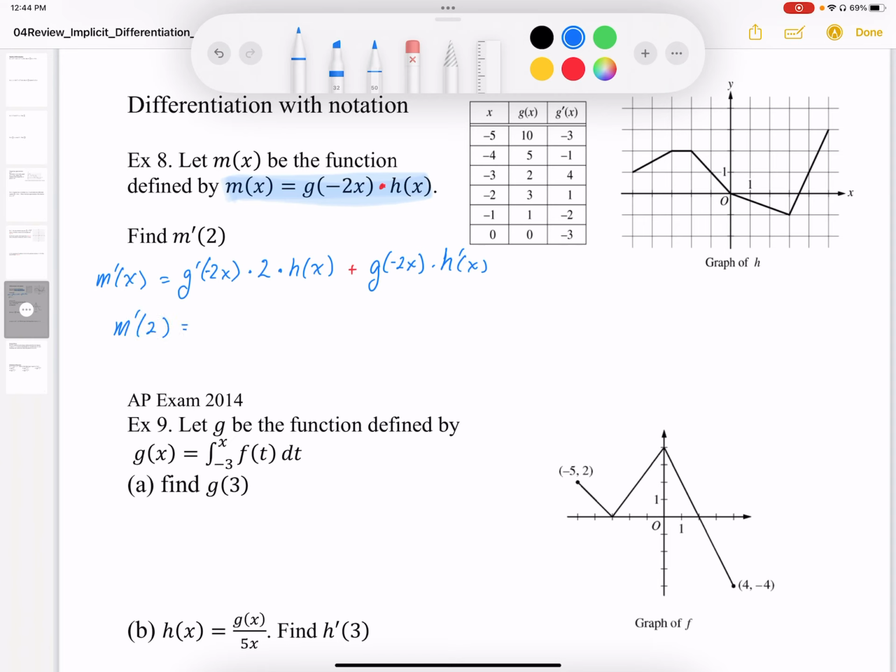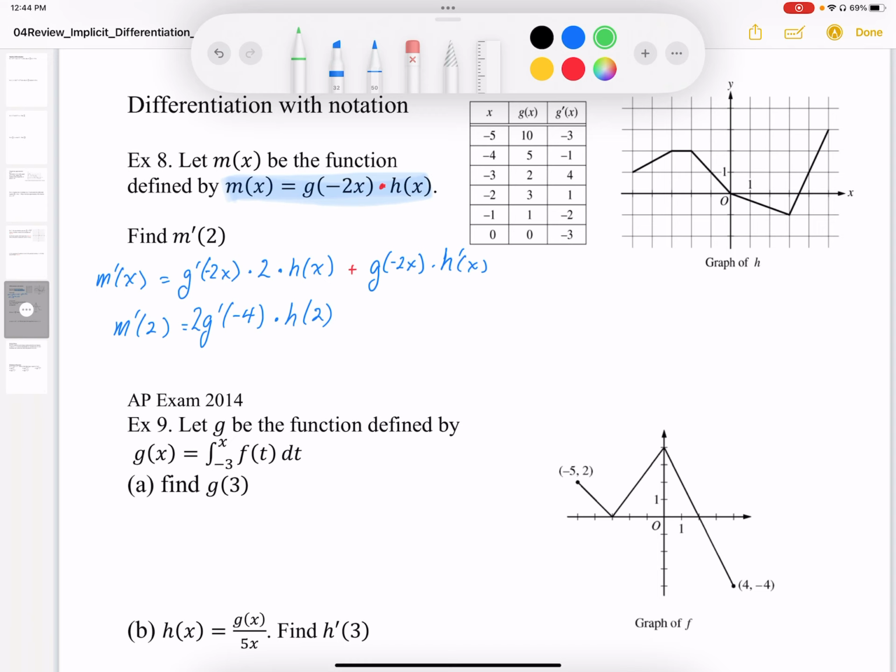So m prime at 2, okay, well, this is going to end up being g prime at, well, x is 2, so I'm going to put negative 4 into here, times 2, so I'm going to bring the 2 out front, times the h value at x is 2. Well, I can actually work that out.